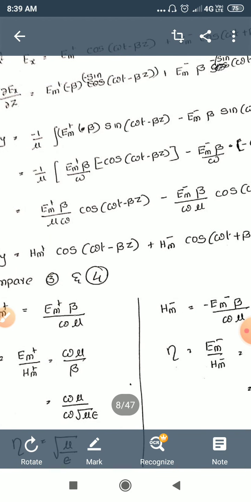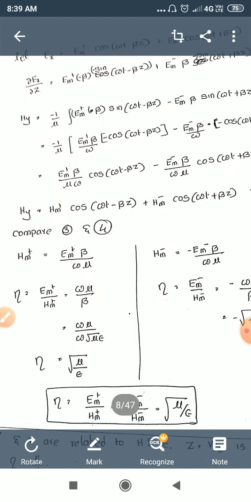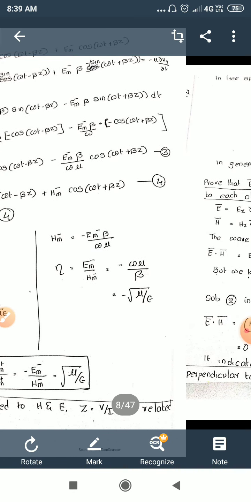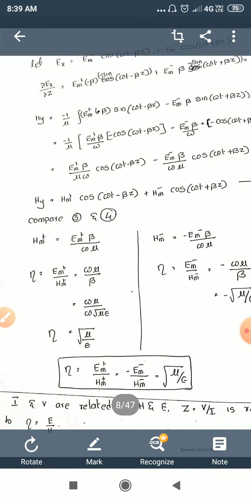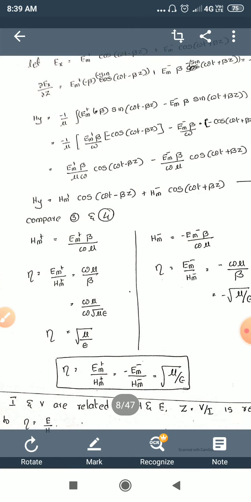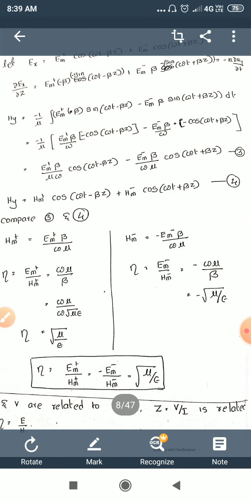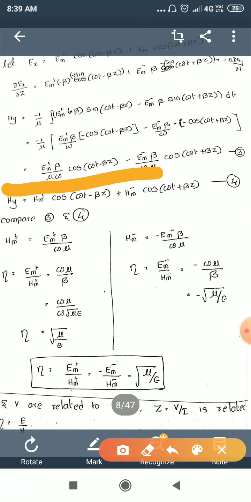So finally we got Hy equal to minus 1 by mu, and finally Hy equal to Hm cos omega t plus, we got equation 3 from this equation, and already we know equation 2. So 3 is the equation we got by solving this Maxwell's equation. But what is equation 4?